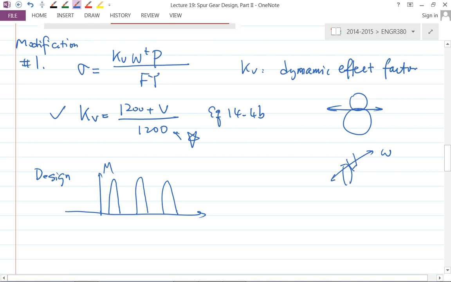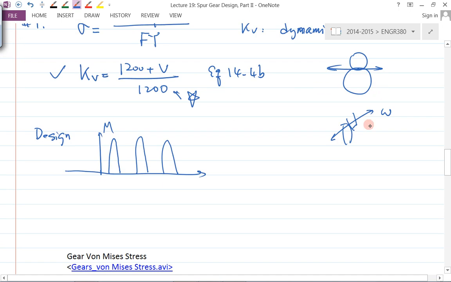There's only one difference. This is when you have basically driving and driven. But remember, in the gear train, there's one particular gear called an idler gear. So you have a gear sandwiched between 2 others. This one drives this, and then that drives the next, right?